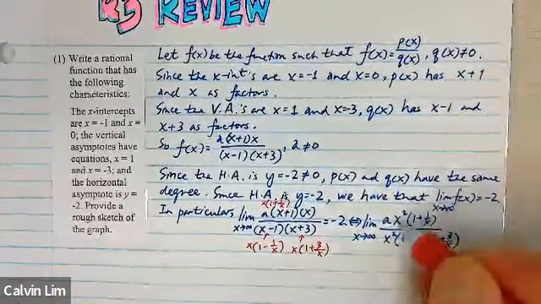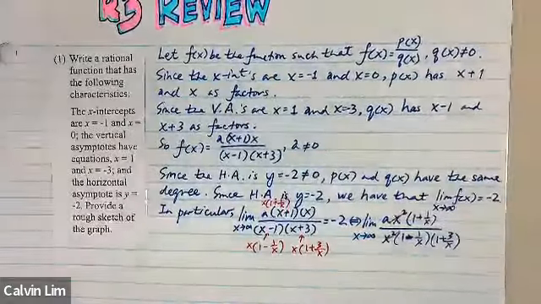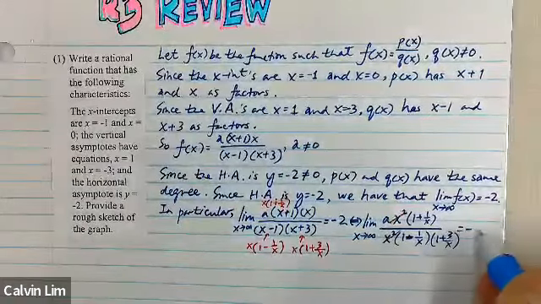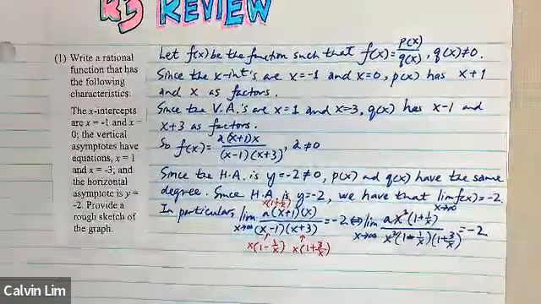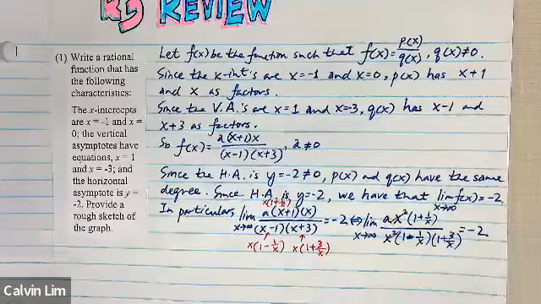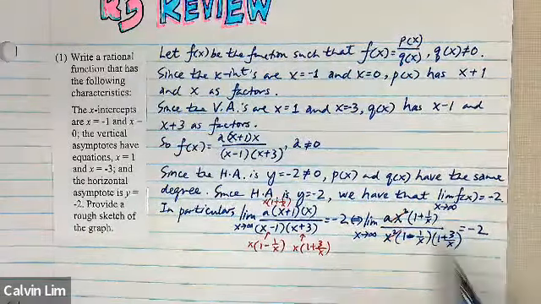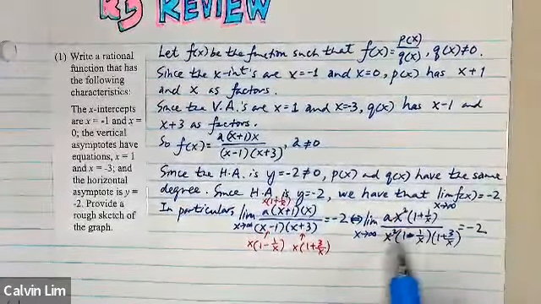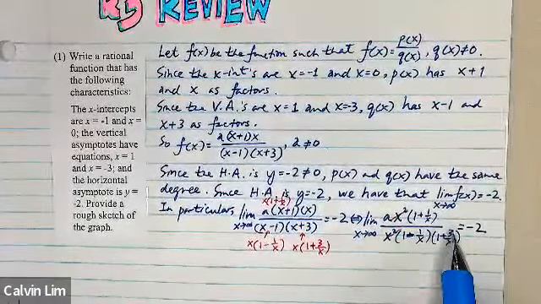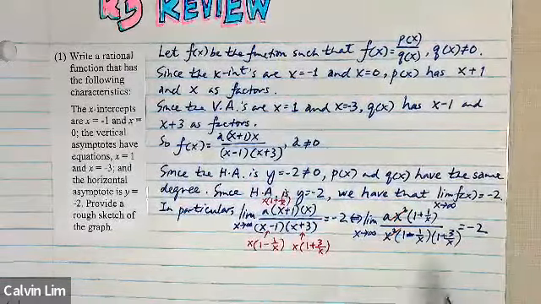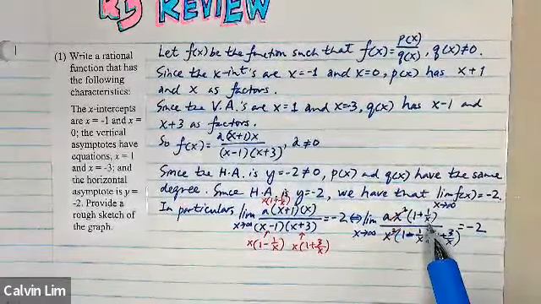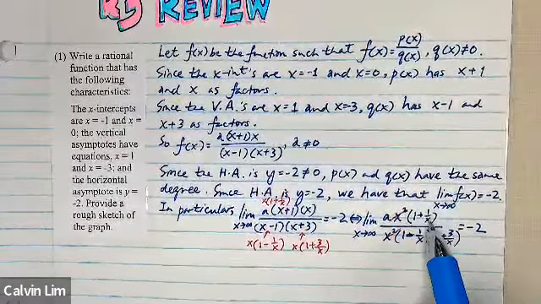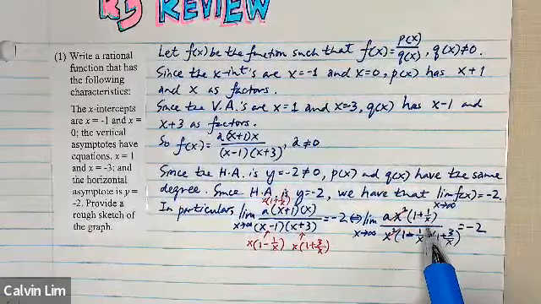Okay, so x squared cancels out x squared. We get, so this equals -2. So what's the next step in dealing with this limit? Yeah, so you can quote unquote substitute a really large value of x into 1 over x, right? Let's say 1,000,000. 1 over 1,000,000 is really close to 0.